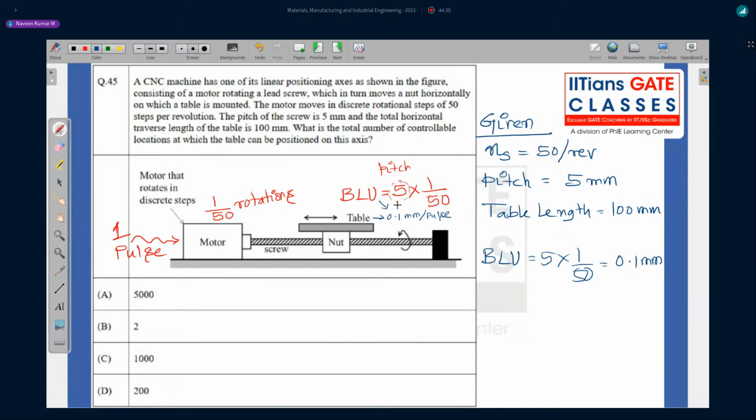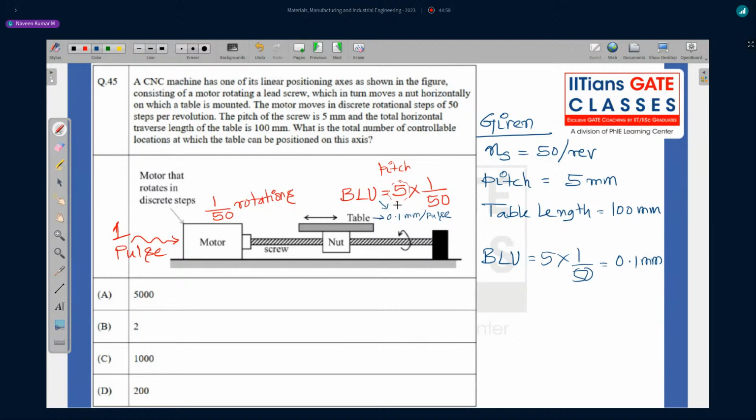Now what they're asking: this is one controllable location. Control means wherever you can stop. How many controllable locations are possible? Your total length is 100 mm. In the total 100 mm length, 0.1 mm is one controllable location, 0.2 mm another, 0.3 mm one more, 0.4 mm one more.